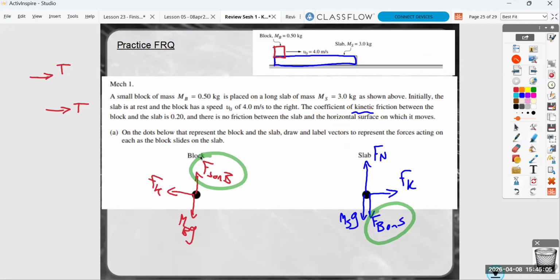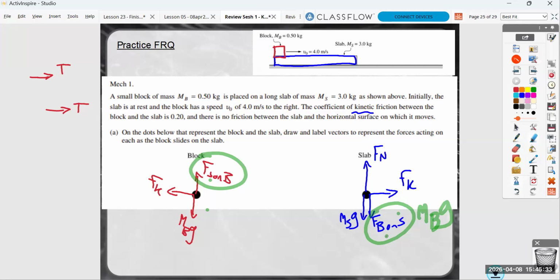In this case, because the block has a boring free body diagram and these two things are the only forces, this force is just going to be MBG, but I think sometimes there are places to cut corners and be very confident. And if there were other weird things going on in this diagram, like, I don't know, if somebody's pushing down on the block, then this force wouldn't necessarily be the same, right?